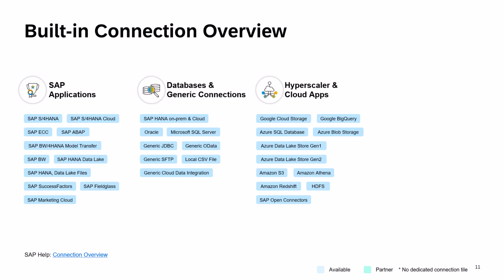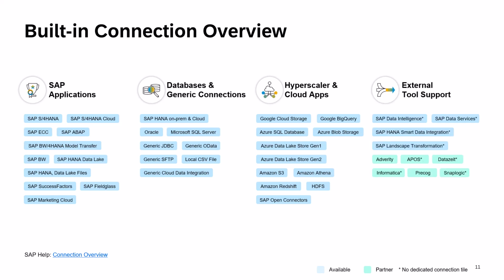There's a whole variety of services we can connect to on Google, Microsoft Azure, Amazon, and the likes. So there are usually connectors to all the different data lake storages, the cloud storages of these hyperscalers, as well as some of the specialized data applications they are offering.